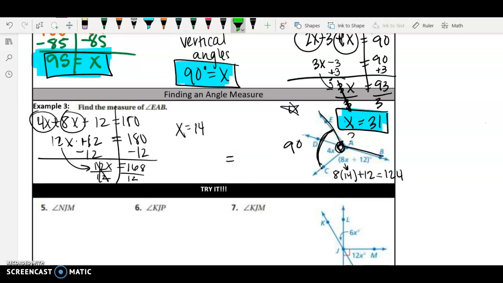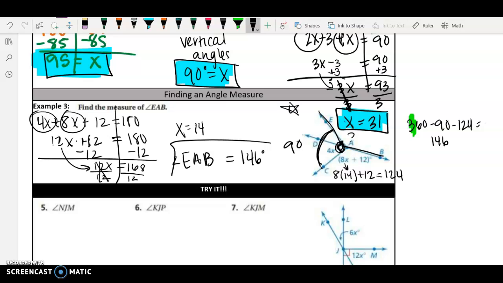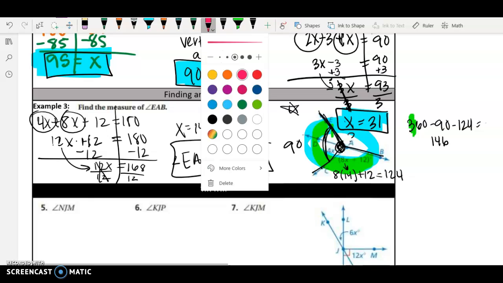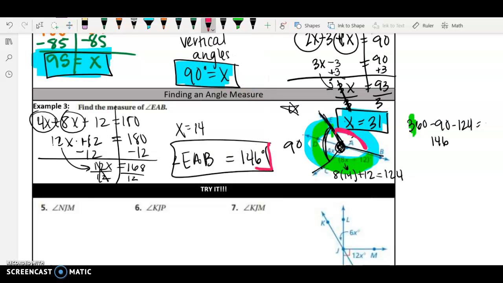And then I'm going to do 360 minus 90 minus 124. And that's going to give me 146. So angle EAB equals 146 degrees. The whole, so all the way around is 360. And we subtracted the part in green. And that left us this part right here, angle here.